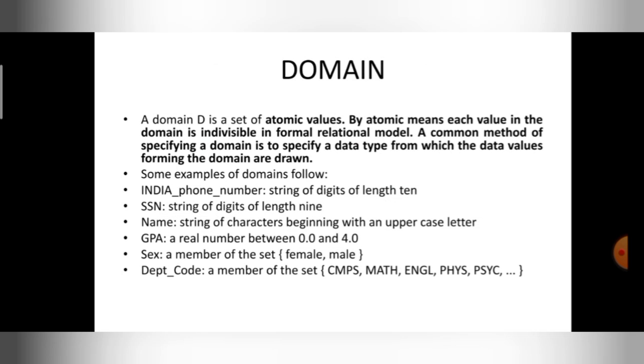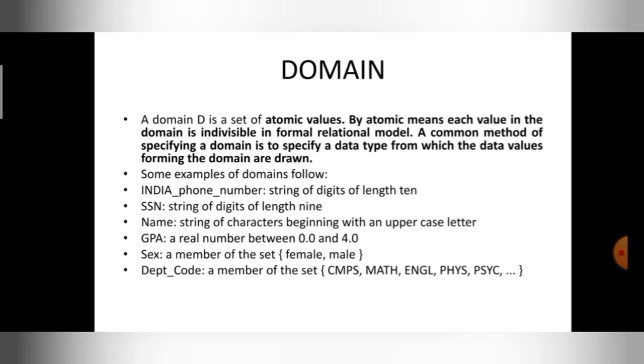So what is a domain? A domain is a set of atomic values. Domain is simply a set of atomic values. Atomic values means the values can't be divided; they are indivisible. Every domain will have a data type also along with the values.